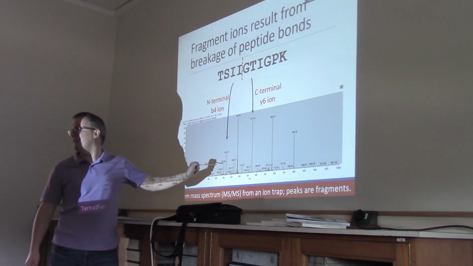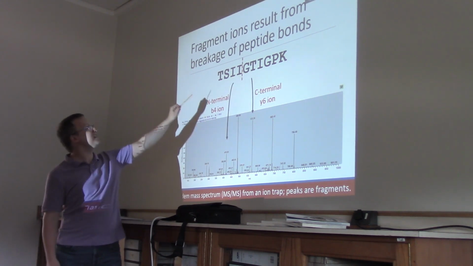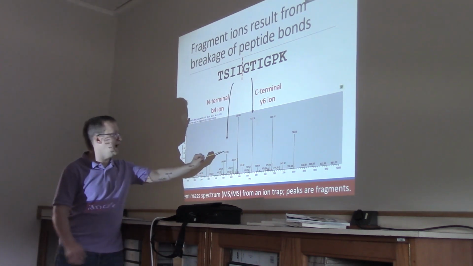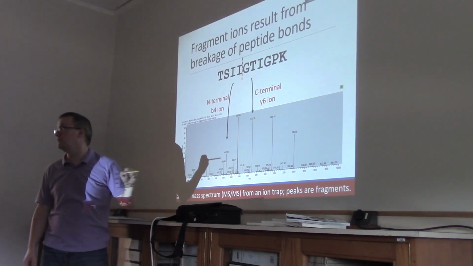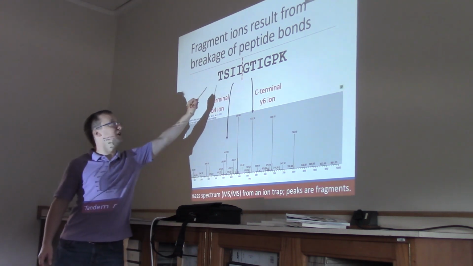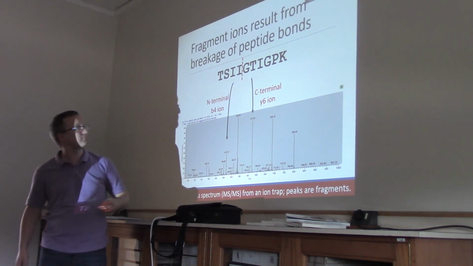We see evidence for where those appear in the tandem mass spectrum. If I add together the mass of T, S, I, and add a little offset, I get to 415.2. So this ion is consistent with the appearance of a TSII B4 ion in the spectrum.